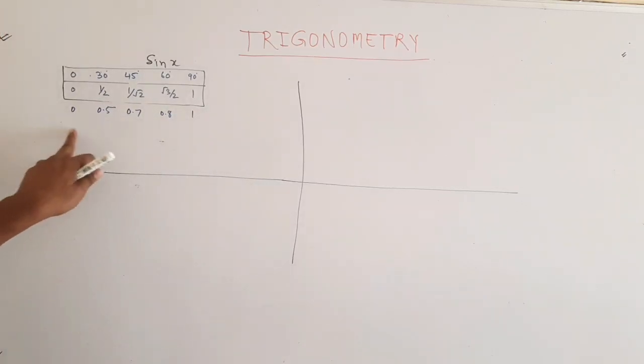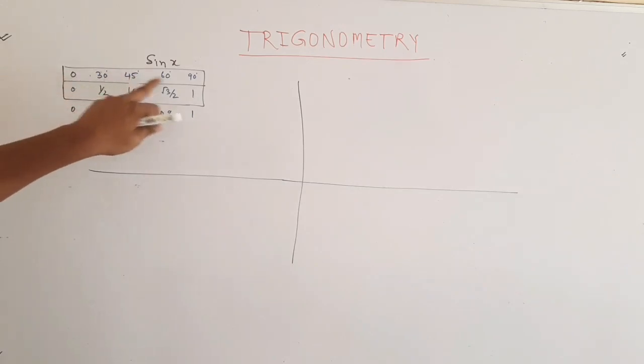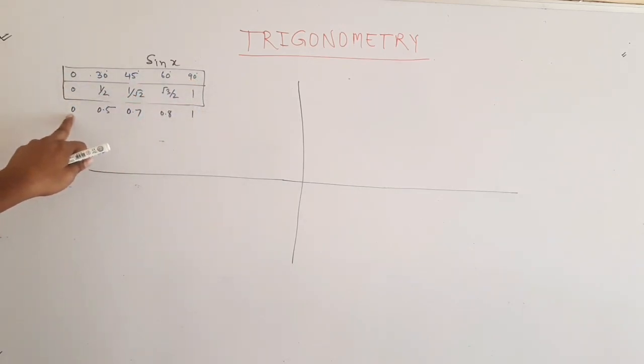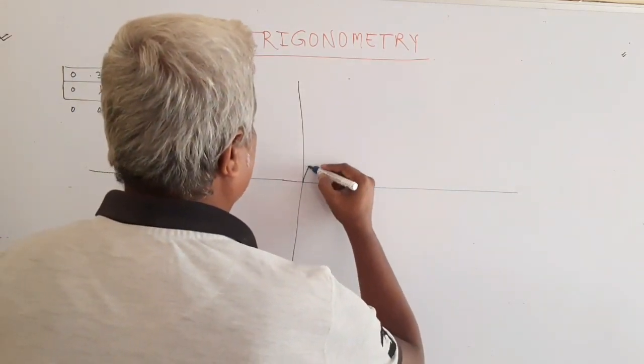So this gives you a brief understanding that when the angle changes from 0 to 90 degrees, the sine value changes from 0 to 1. So the graph goes like this.